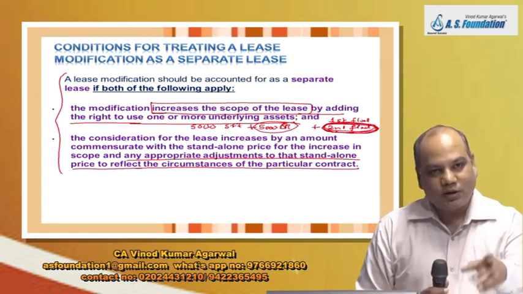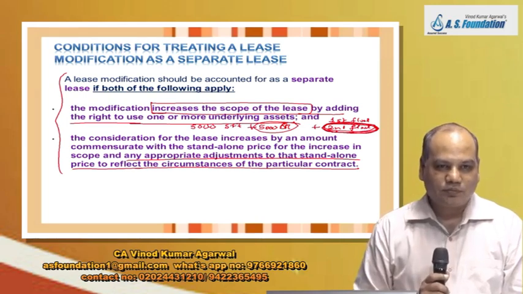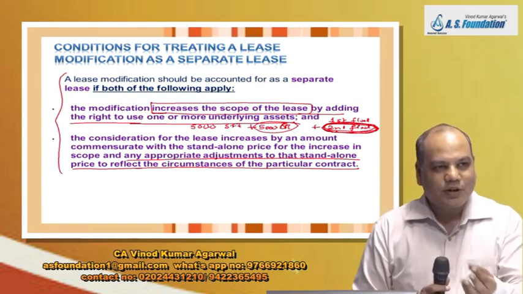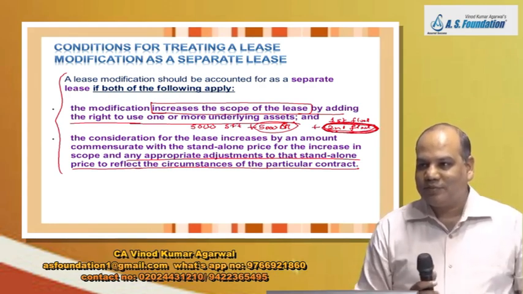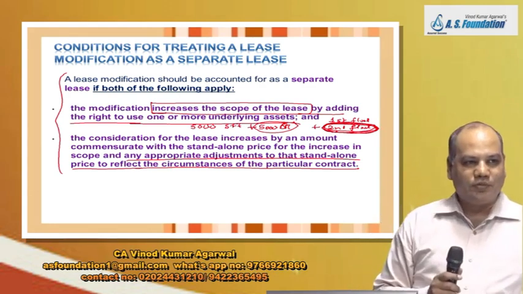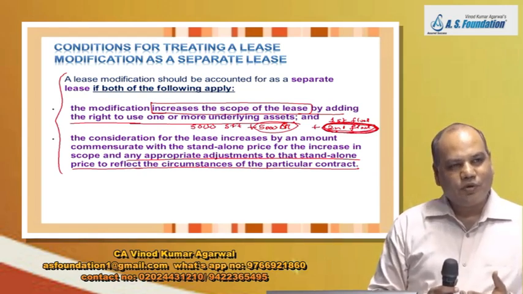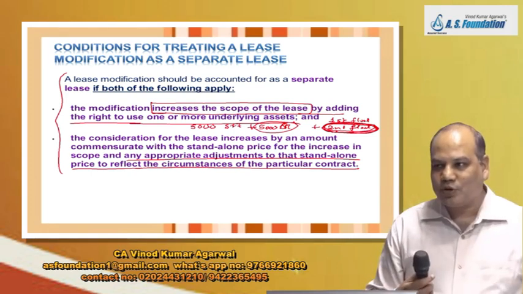If that is the case, then also this condition is satisfied. Okay. The lessor gives some discount because he will not have to incur additional cost to find another lessee. The same lessee says, I am willing to take it. So you save all those costs.